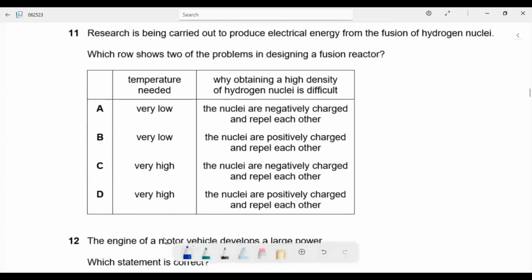Research is being carried out to produce electrical energy from the fusion of hydrogen nuclei, which shows two of the problems in designing a fusion reactor.